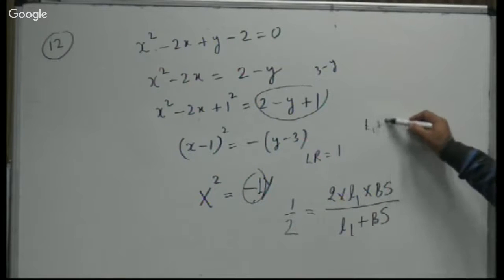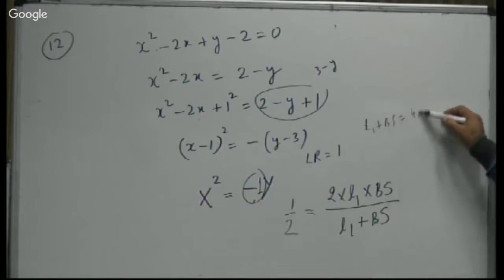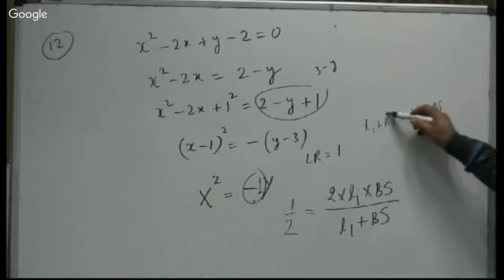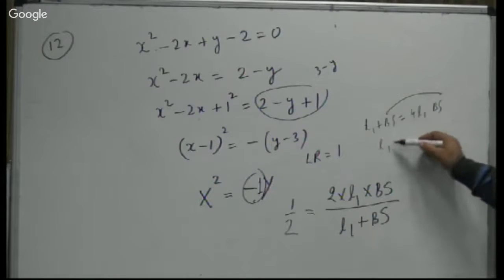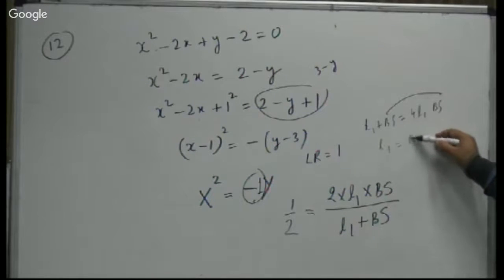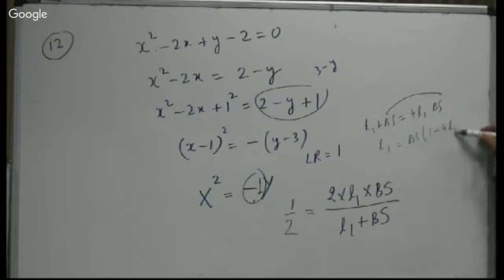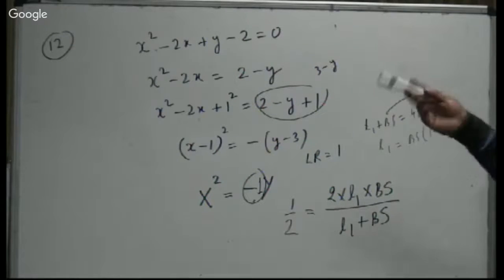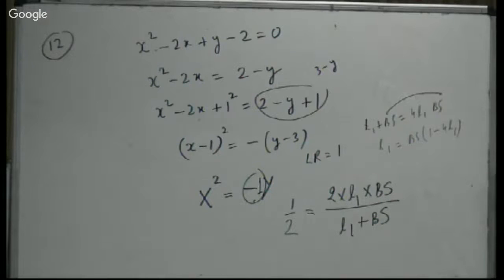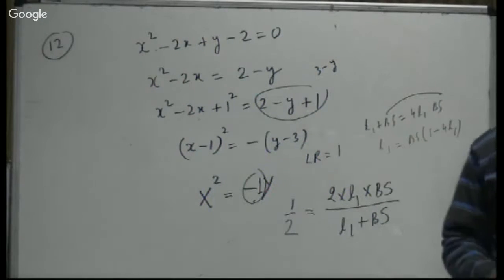L1 plus BS is equal to 4 L1 BS. Take these two on the one side. So L1 is equal to BS times 1 minus 4 L1. Right? So BS is coming out to be L1 upon 1 minus 4 L1. Maybe there's a difference of sign, 4L1 minus 1. D is the right option. Next.